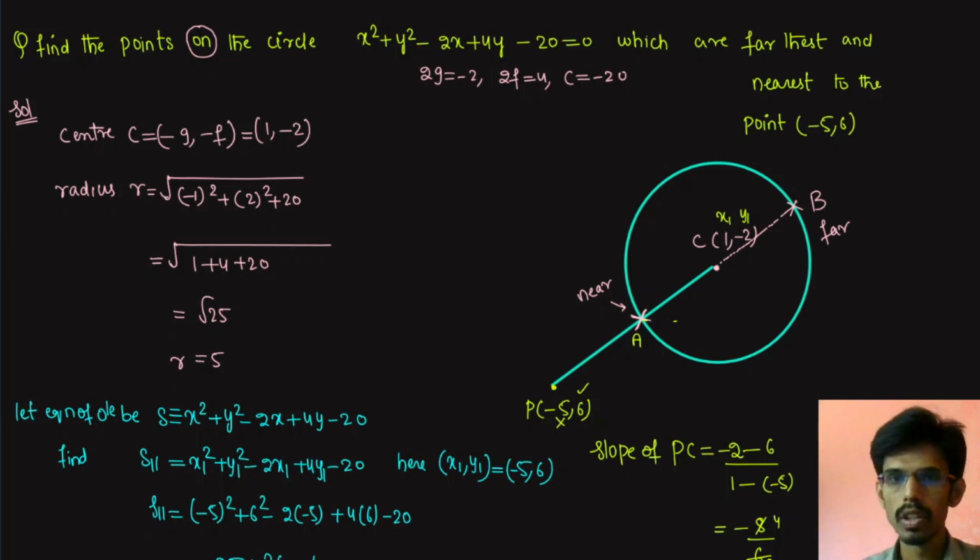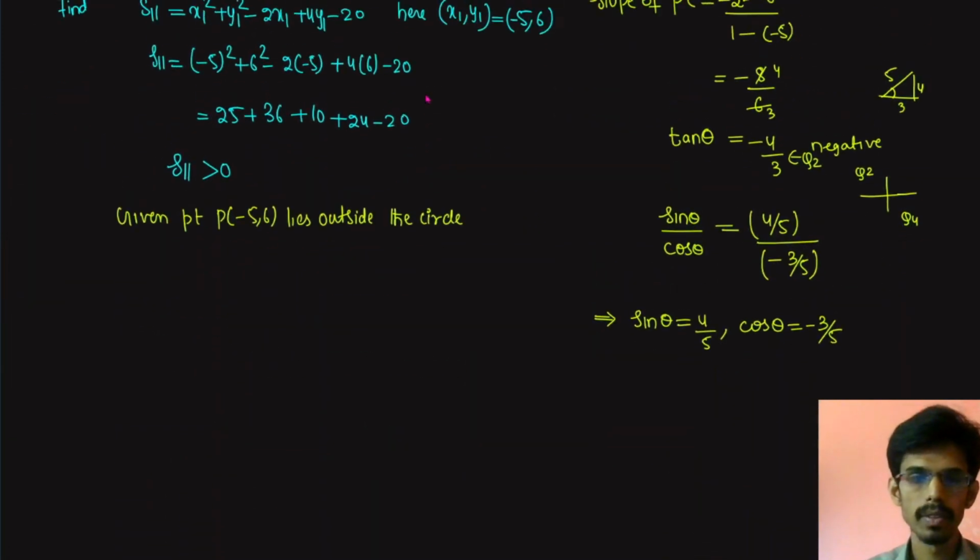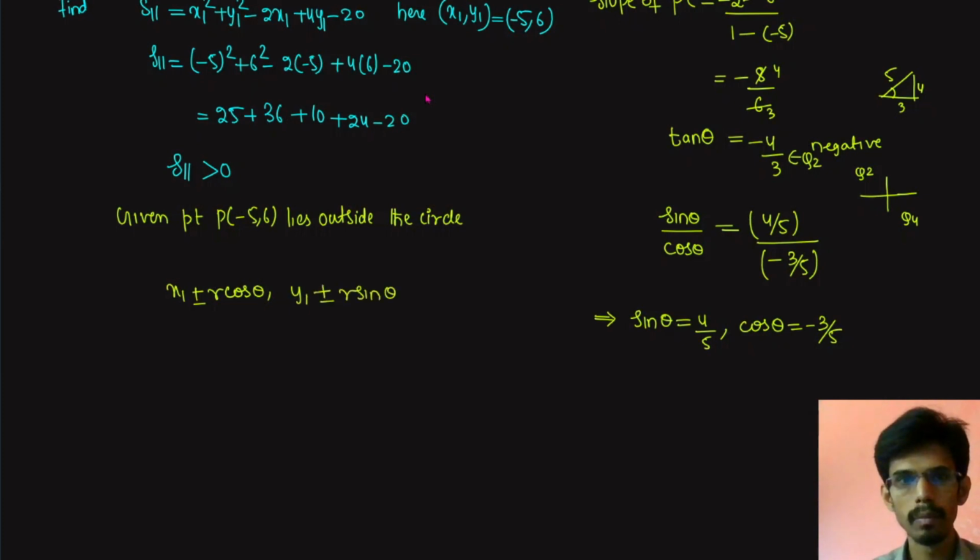Then we use this concept: x1 plus or minus r cos theta, comma y1 plus or minus r sin theta will be the other 2 points on the same line.